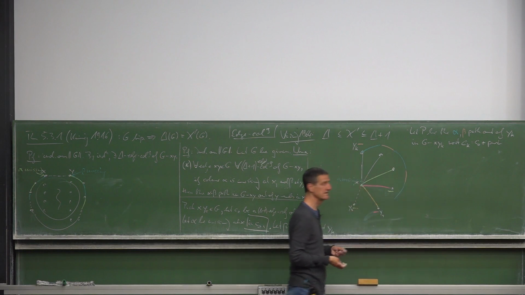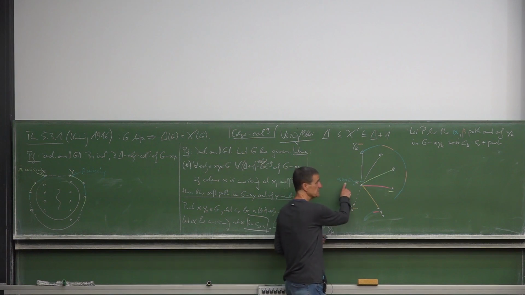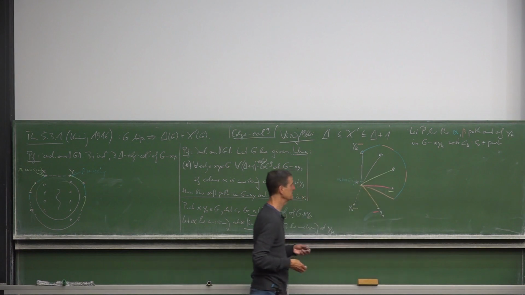So how does it end in x? Well, not with a blue edge, because alpha is missing. So it must end there with a brown edge.